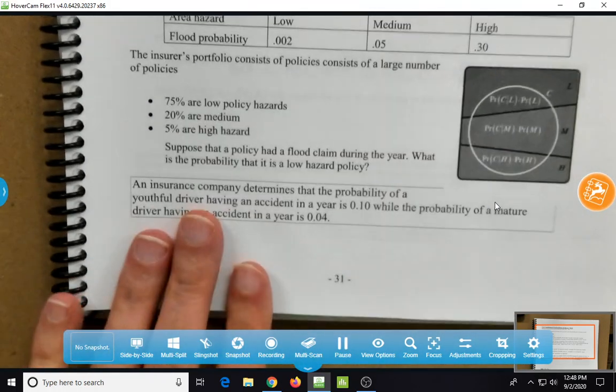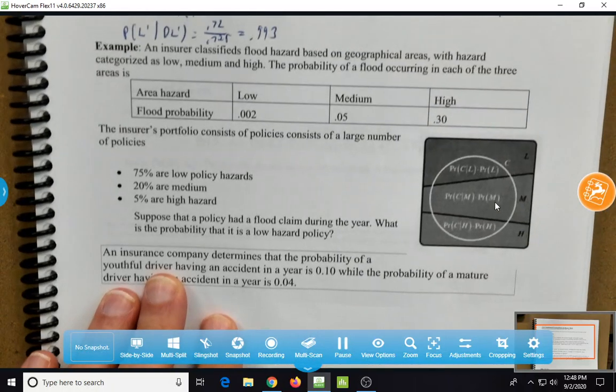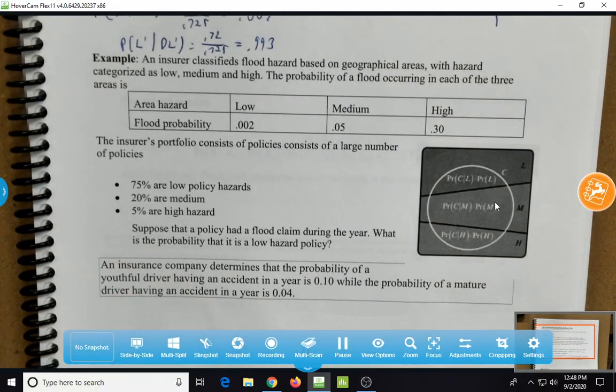Let's try this next one, where you're classified as a flood hazard based on geographical areas. And by the way, more areas are now being classified as flood areas. So you have a flood hazard of low, medium, and high, and 75% of your policies are low, 20% are medium, and 5% are high.